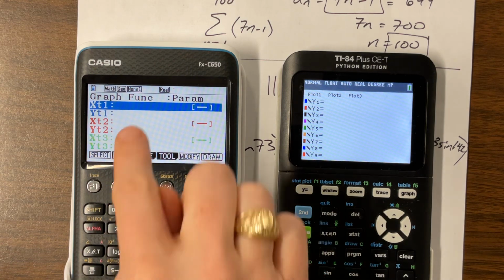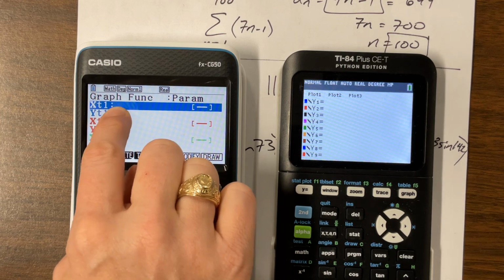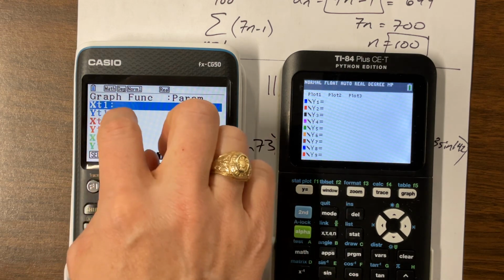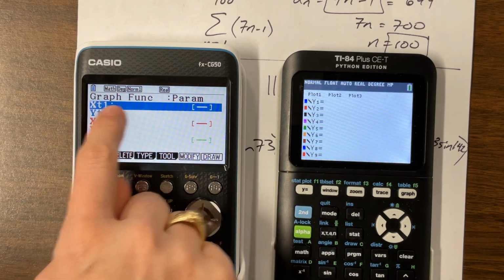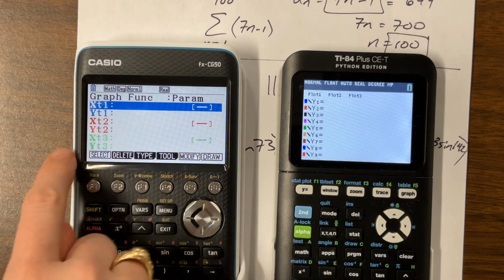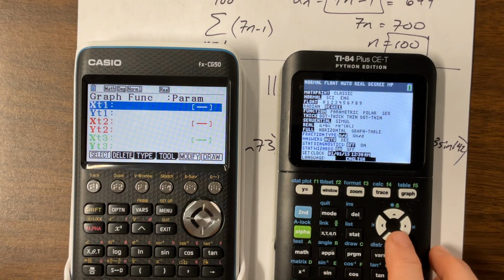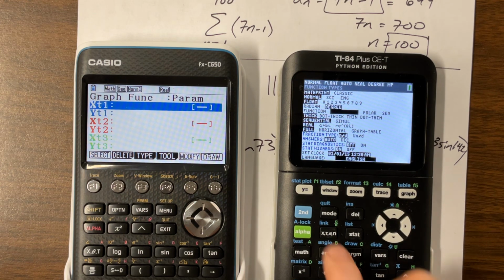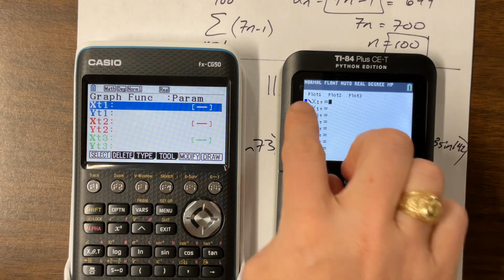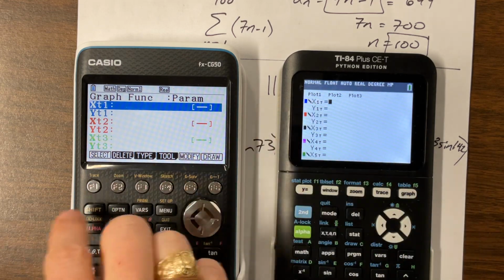And so now it's got these two equations that together are going to make my new first equation. So it's xt1, yt1, xt2, whatever. Over here, in order to do that, I think I have to go mode and then come down to parametric. And then I can go y equals. And now I have the two components for that.